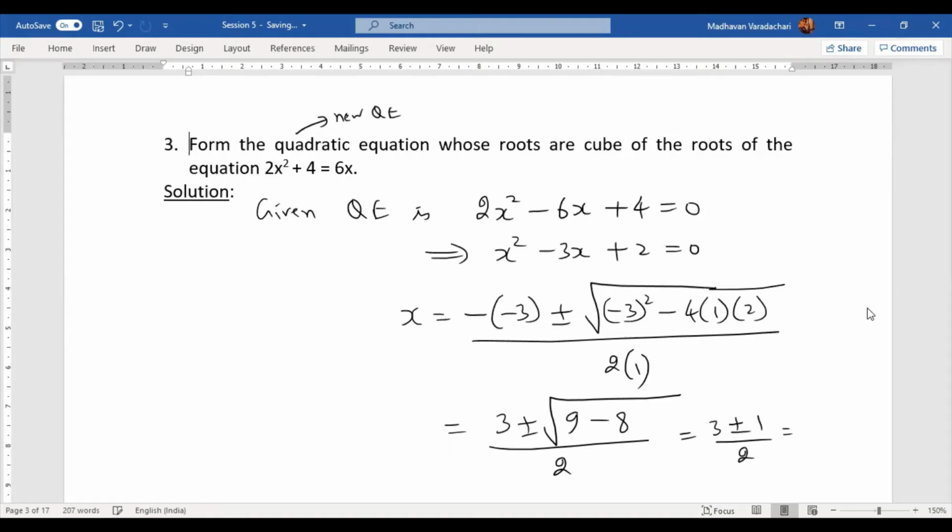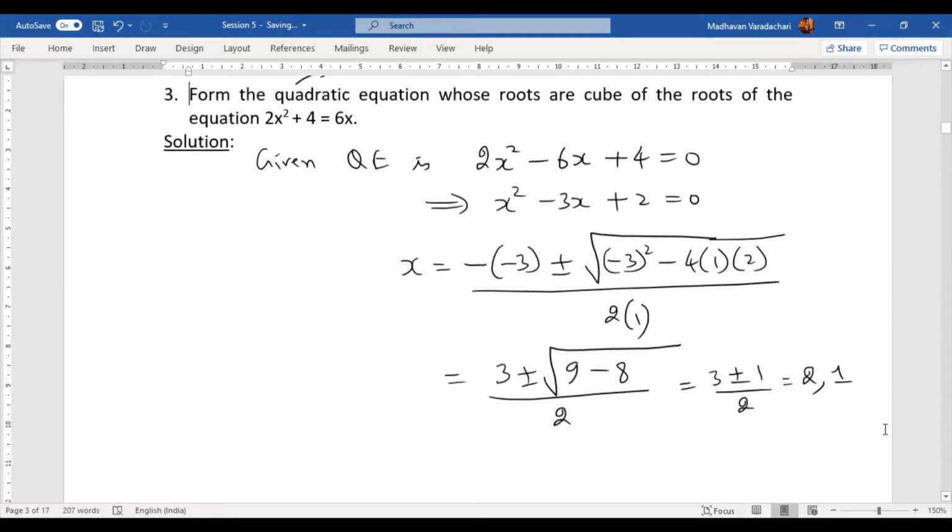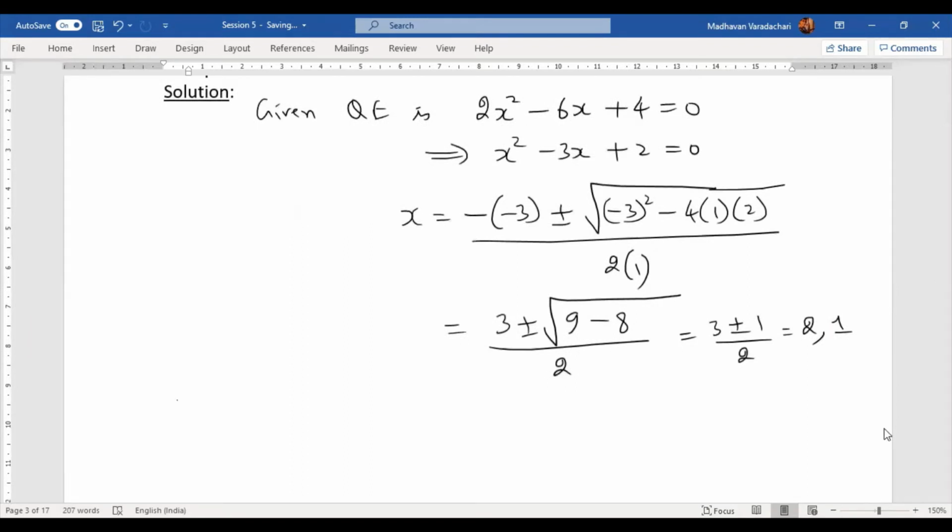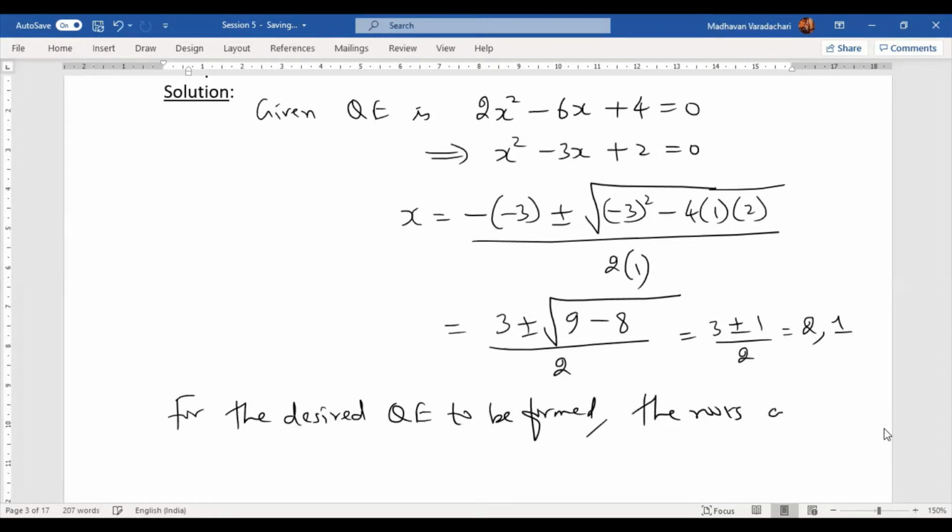3 plus 1 by 2 is 4 by 2, which is 2. Another one is 3 minus 1, which is 2 by 2, that is 1. That means the roots of this quadratic equation are 2 and 1. Whereas for the desired quadratic equation to be formed, the roots are cubes of these two roots.